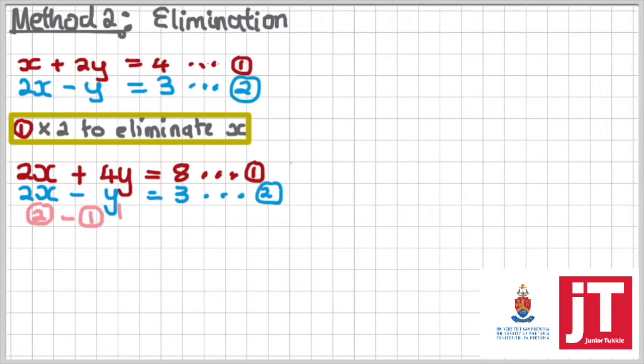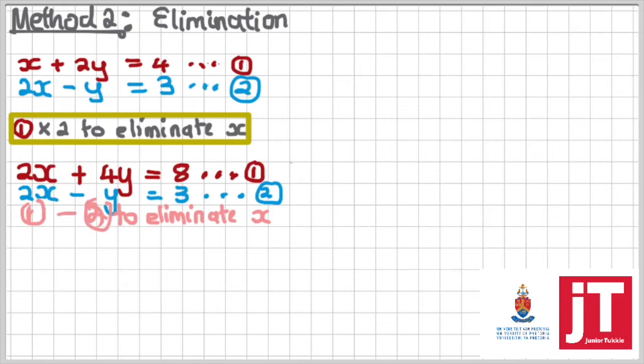Thereafter, I'm going to say equation 1 minus 2 to eliminate my x. That's very important. I could say the second equation minus the first, or if you want, I could reverse that and say equation 1 minus 2. It doesn't matter.